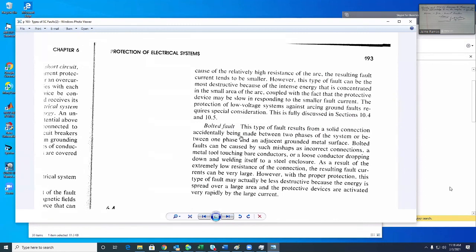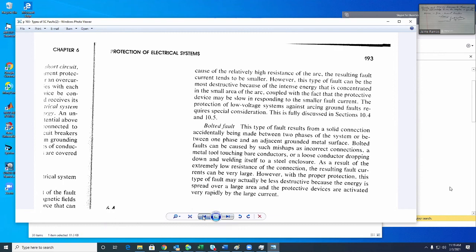It is a solid connection accidentally made between two phases of the system or between one phase and an adjacent grounded metal surface. So there is extremely low resistance in the connection, and the resulting fault current can be very large in the voltage fault.